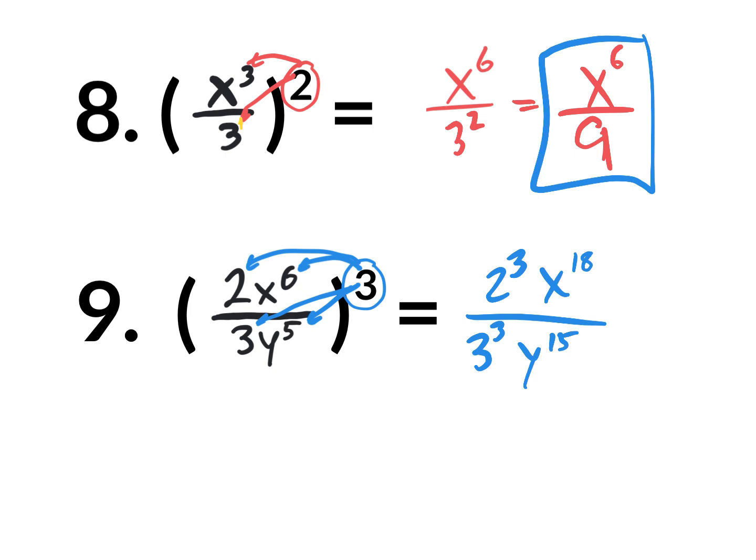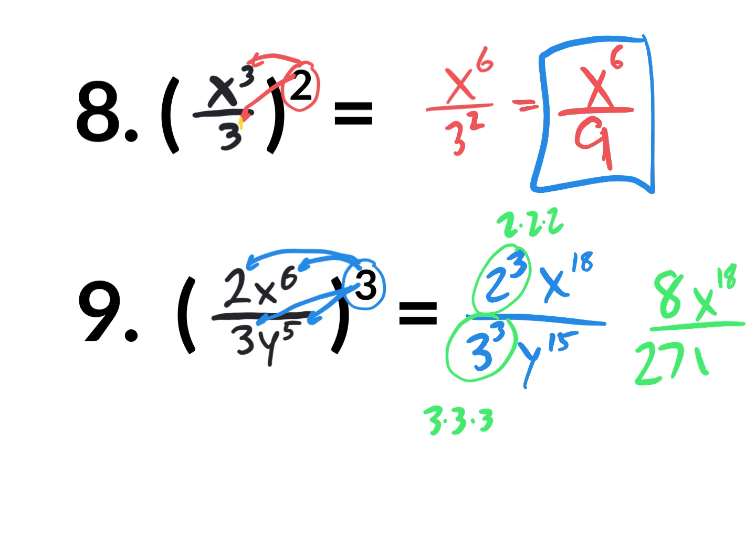And the only other thing you could do is change your numbers with exponents to actual numbers, right? 2 to the 3rd is 2 times 2 times 2, which is 8. And then you have the x to the 18th. And down here, 3 to the 3rd, that's 3 times 3, 9 times 3, 27, and y to the 15th. And there's your answer for that question, which is purely rule number 4.